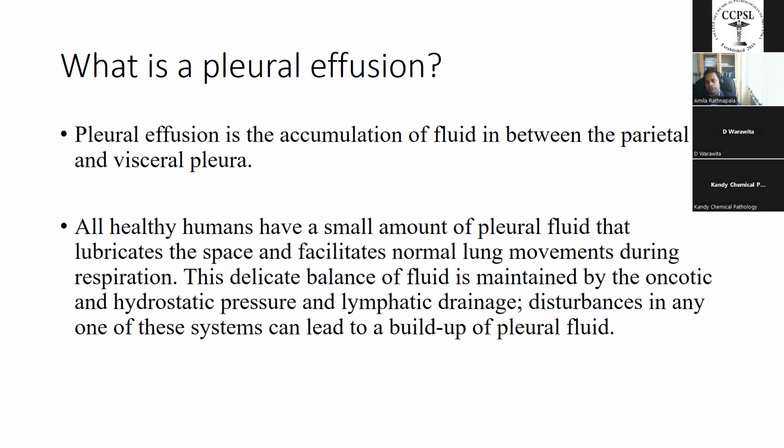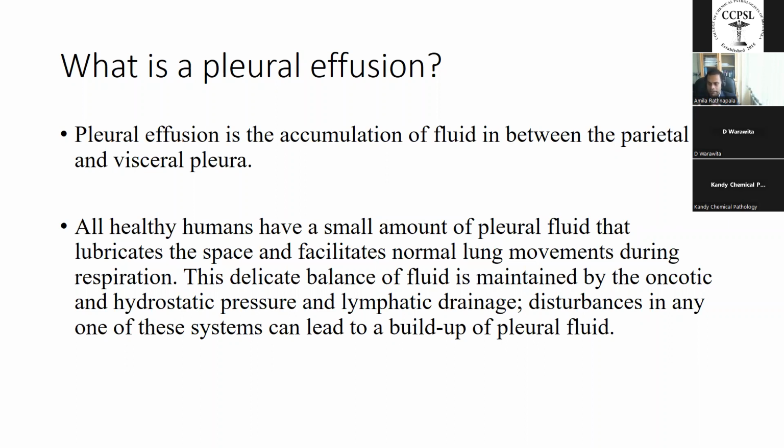It's an accumulation of pleural fluid, as you all know, between the parietal and visceral pleura. Even in a healthy individual there's a small amount of pleural fluid, less than 50 ml, and it facilitates the movement between the parietal and visceral pleura during normal breathing. There's a delicate balance of pleural fluid in a normal individual.